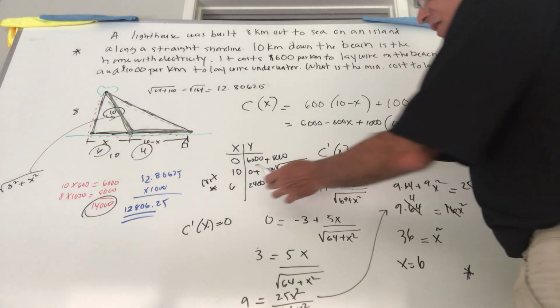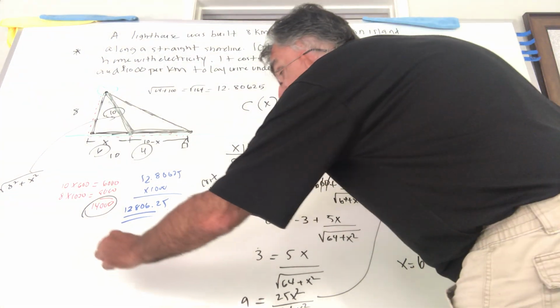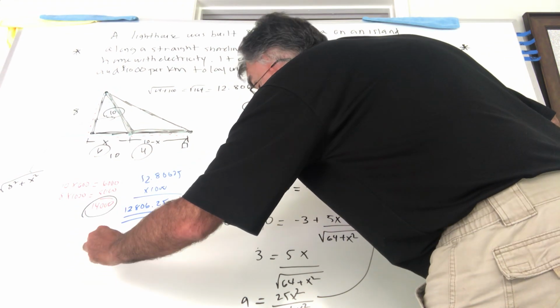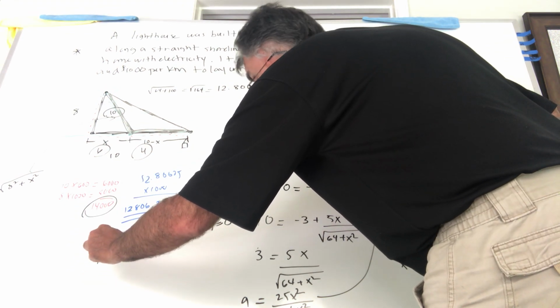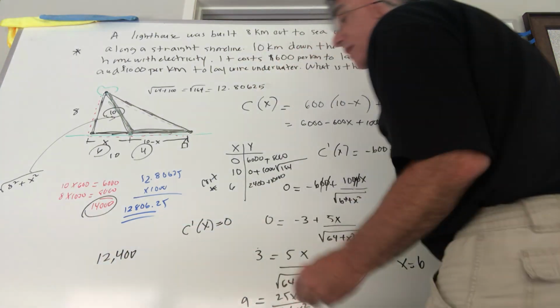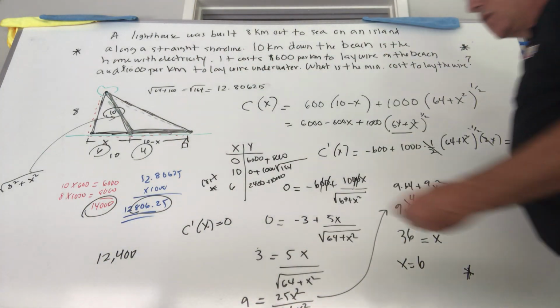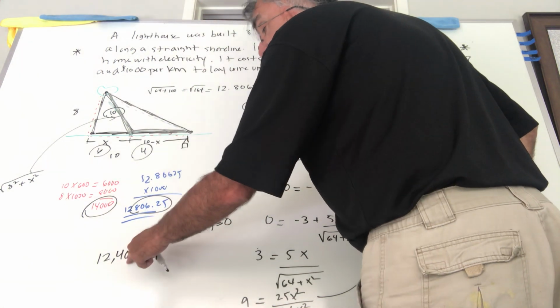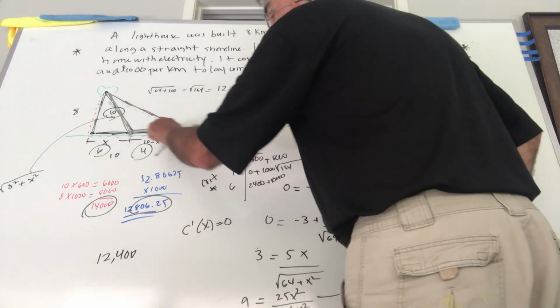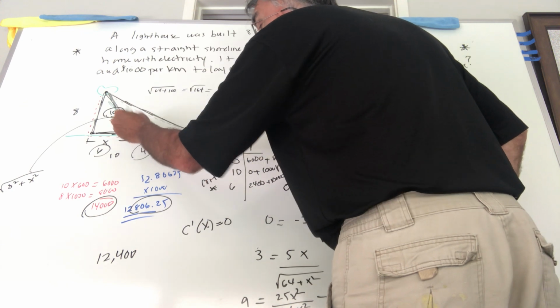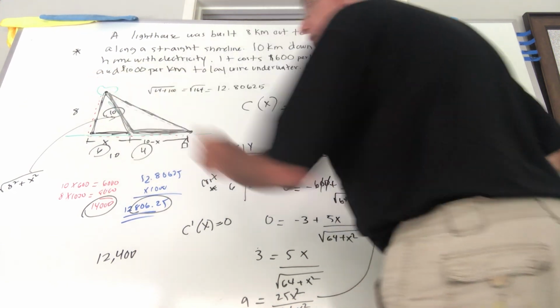Now it's not a lot less, but notice that number is actually smaller than the other two numbers. It's about $406.25 less than that. So we could actually save a little more than $400 if we go down 4 kilometers before we head out to the island.